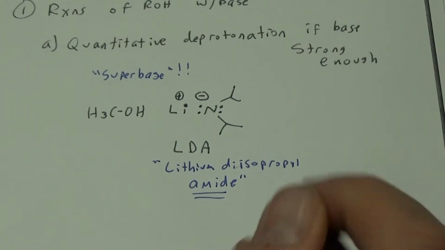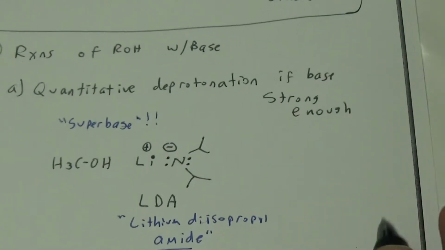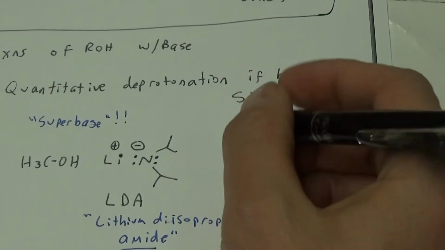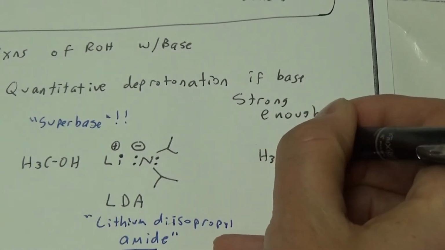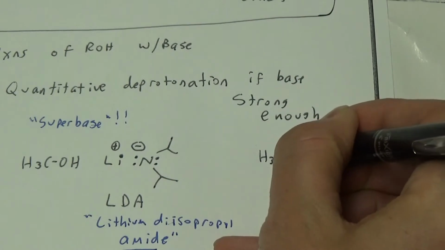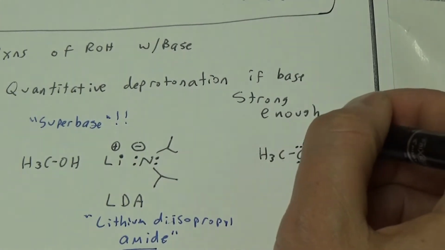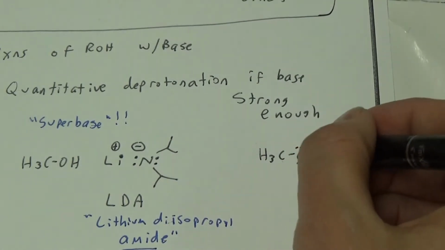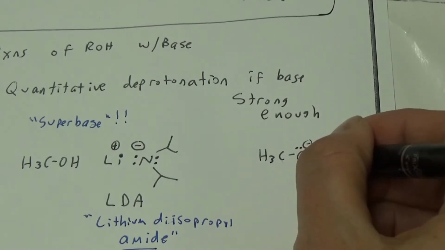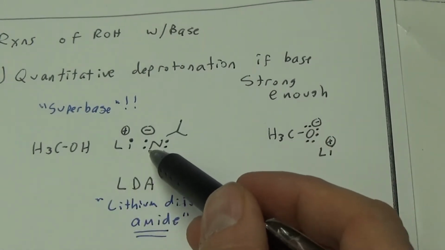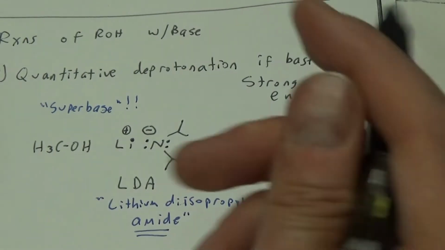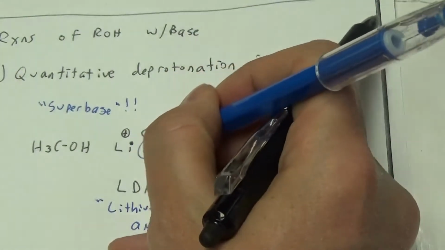So this is an equilibrium, and I'm going to draw the equilibrium arrow in a second. Let's draw the products. H3C O minus, lithium plus. So this is a base taking the proton, and then there's an electron pushing mechanism.